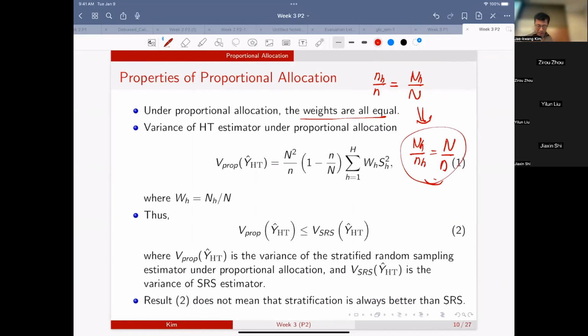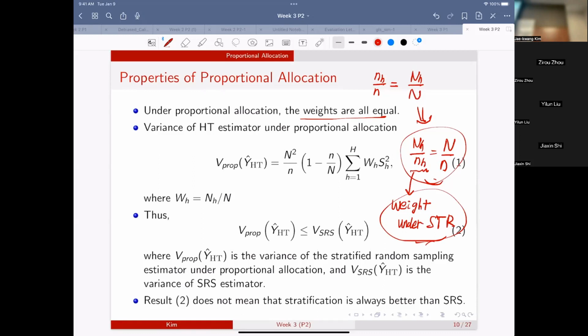The left side is the weight on the STR in general, but in the special case of proportional allocation, the weights are all equal.